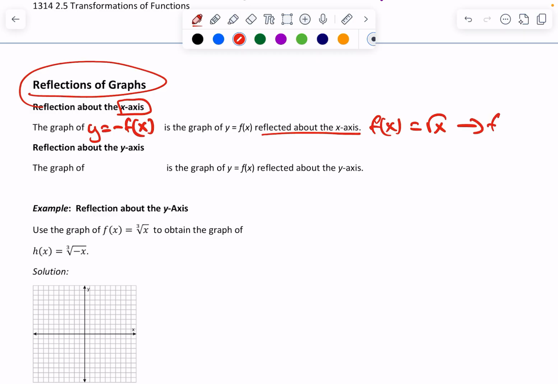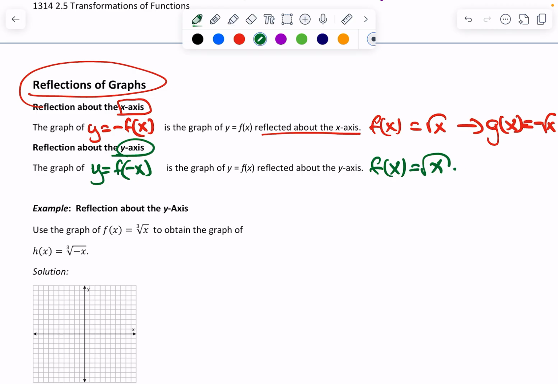If we reflect it, it becomes g of x equals negative square root of x. Reflection about the y-axis. The graph of y equals f of negative x is the graph of y equals f of x reflected about the y-axis. So if our original f of x is still square root of x, our reflection about the y-axis is going to be square root of negative x.